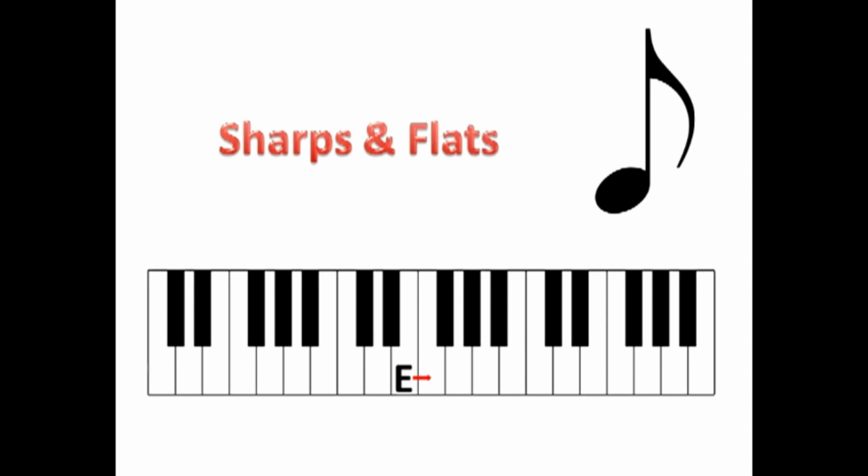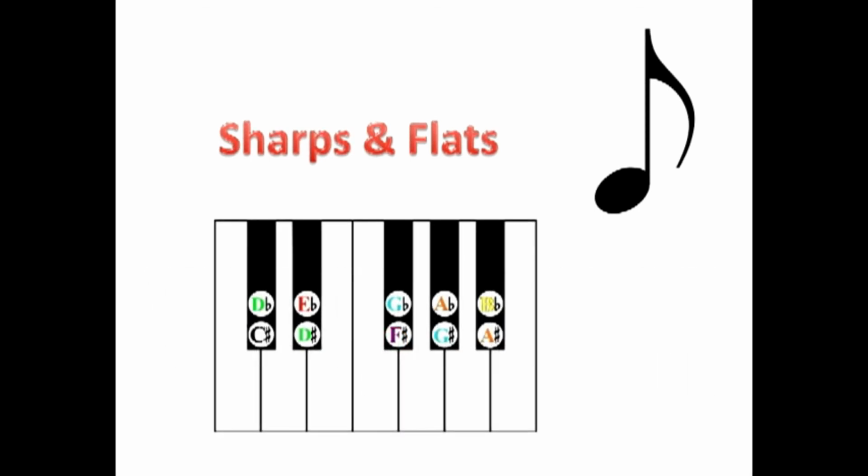Every note on the keyboard can be sharped or flatted. When you flat a note, you play the one to the very left of it, and when you sharp a note, you play the one to the very right of it. If you are wondering how you can sharp or flat a note that doesn't have a black key next to it, you are one step ahead of me, because that is what I was going to cover next.